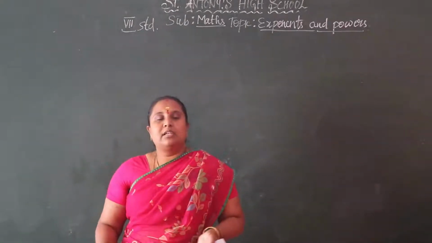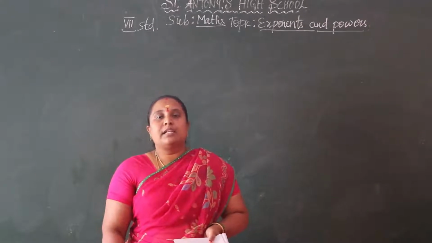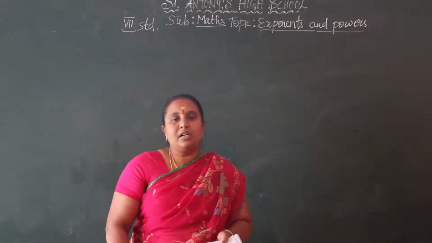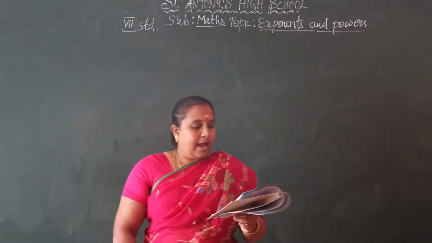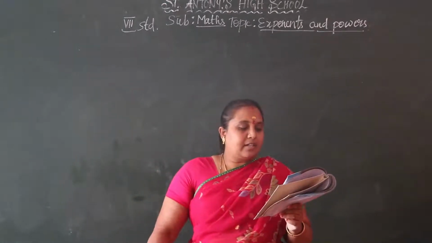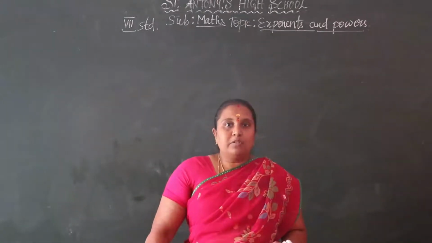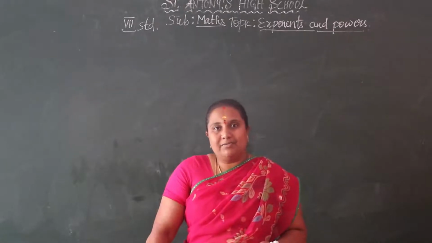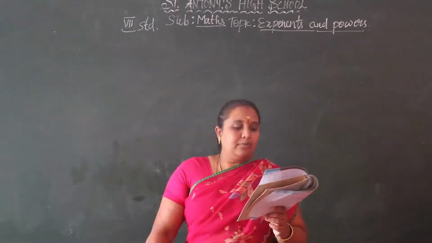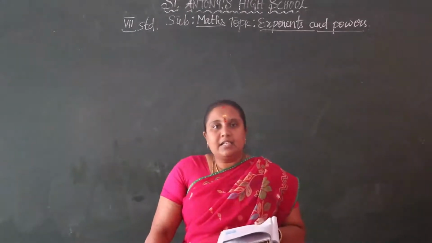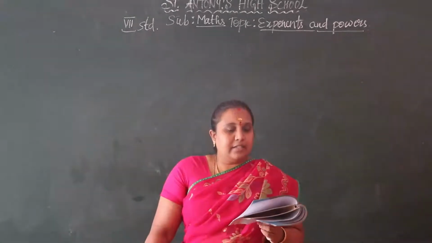And the number of stars in our galaxy, we can't count, but they have given an approximate value in your textbook. So we have to write that in a short form.